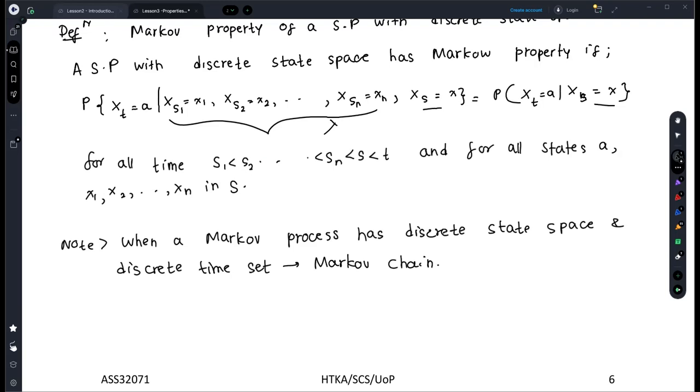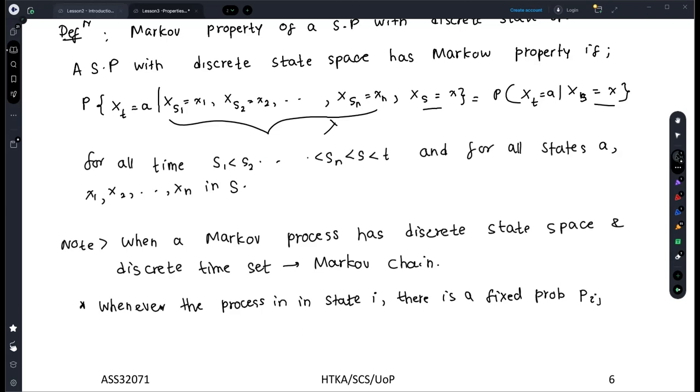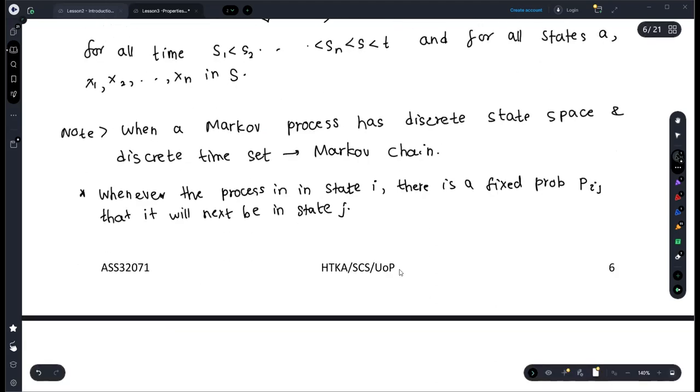So what will happen in this case is whenever the process is in, say, state i, then there is a fixed probability pij that it will next be in state j. So we can prepare matrices, right? So from state i to j, what will happen and the probabilities, right?